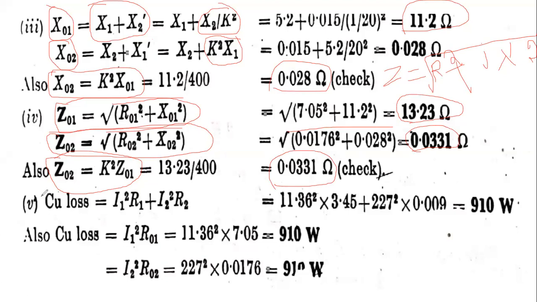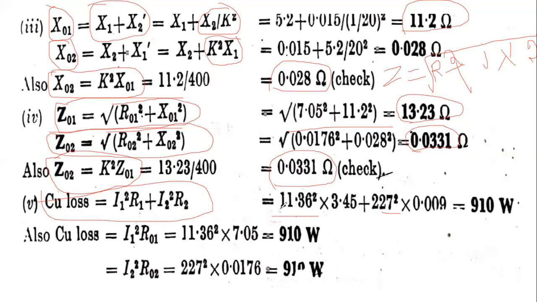Next, the fifth point, copper losses. What is the formula for copper losses? That is I1 square R1, that is primary current and primary resistance, plus I2 square R2, that is secondary current and secondary resistance. First we substitute I1 and I2, which were already derived in the previous slide.